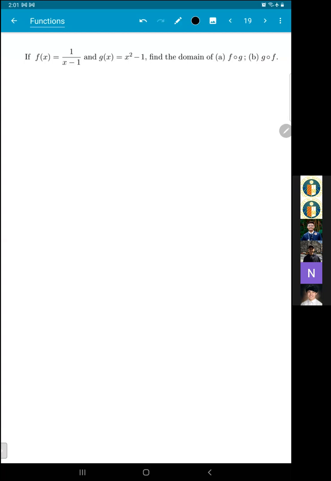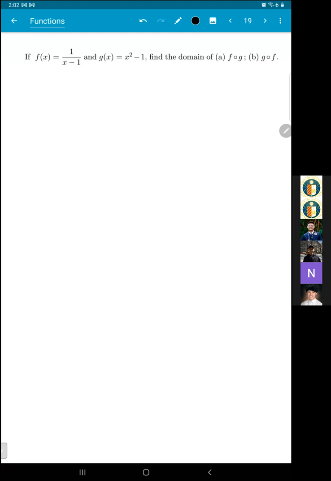But for this session, I will be only doing optimization, another application of functions. Okay, so let's start with that exercise, where you have to find the domain of a composition, f of g and g of f.